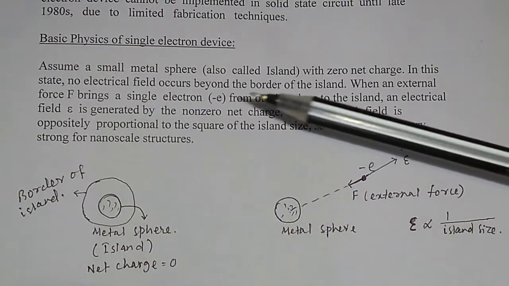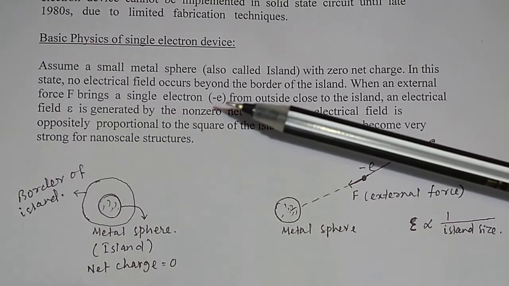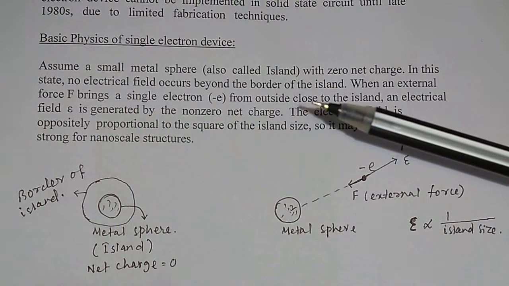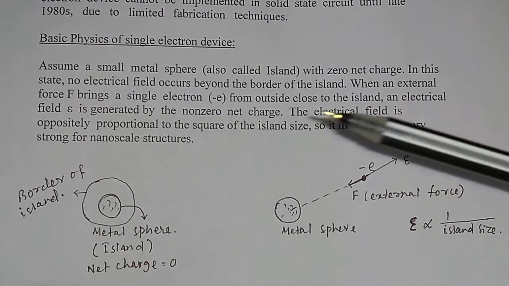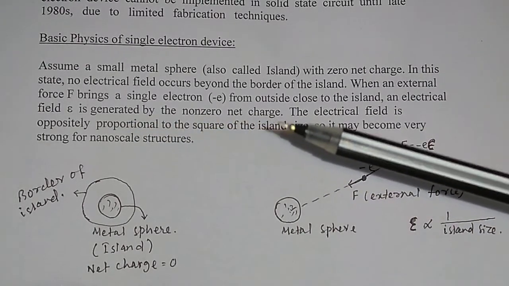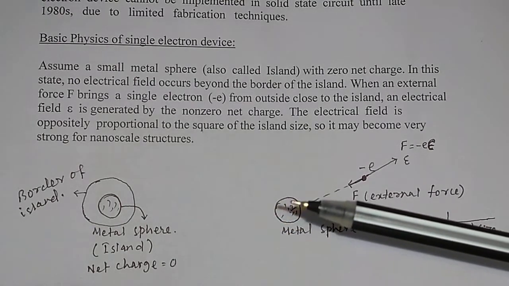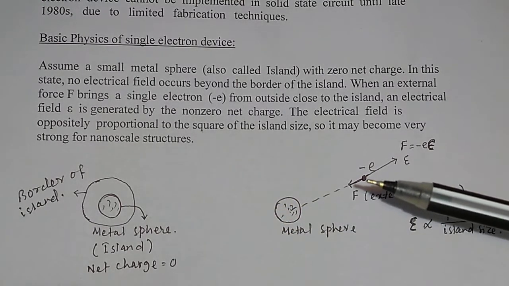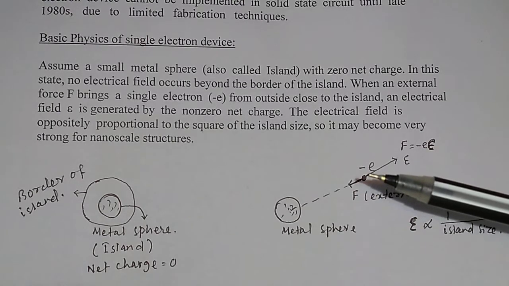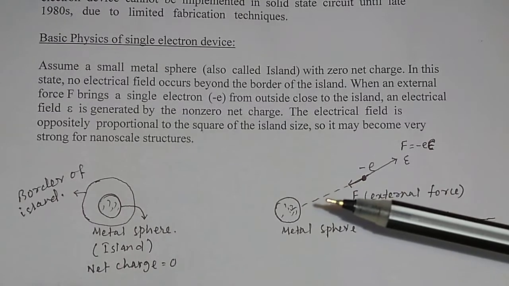When an external force F brings a single electron, suppose minus e, from outside close to the island, an electrical field E is generated by the non-zero net charge. You see, this is a metal sphere having non-zero net charge. Suppose by applying a force F, you bring an electron here, and this is the direction of motion of the electron.